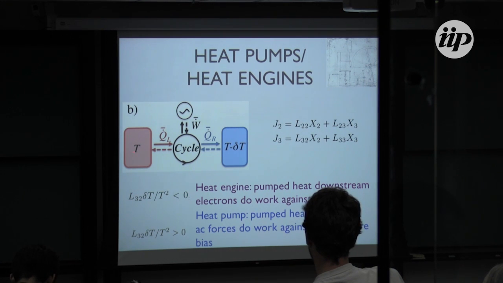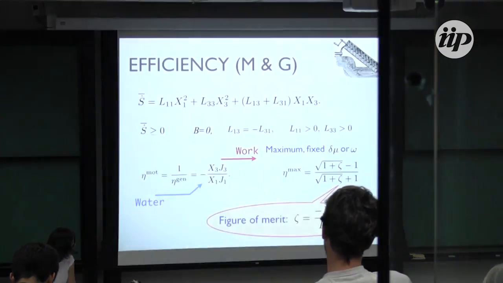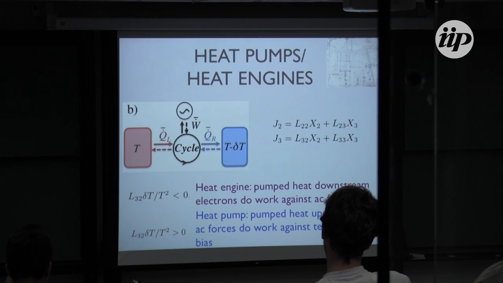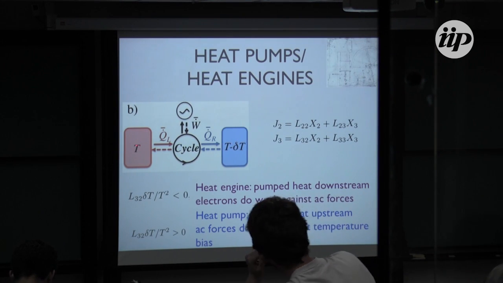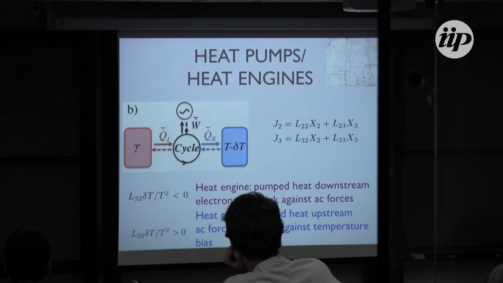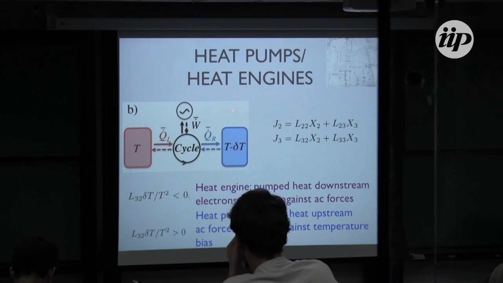If we have that the heat flows from the hot reservoir to the colder one, we can do work against the AC forces, and we have a heat engine, and the other way around, if we do work with the AC forces to pump heat from the cold reservoir to the hotter one.